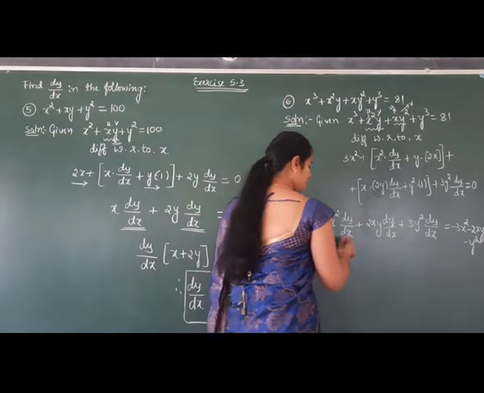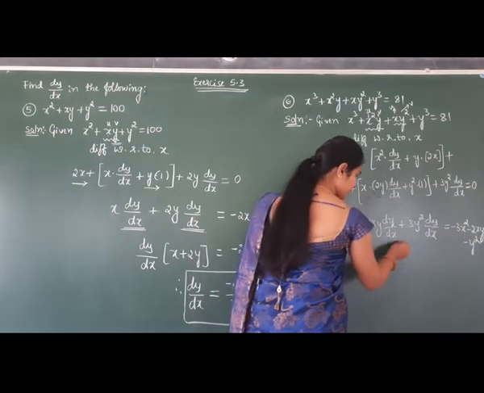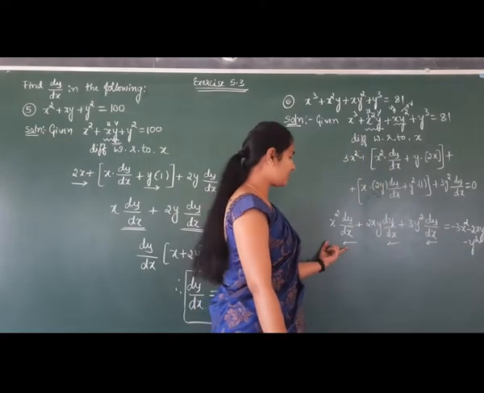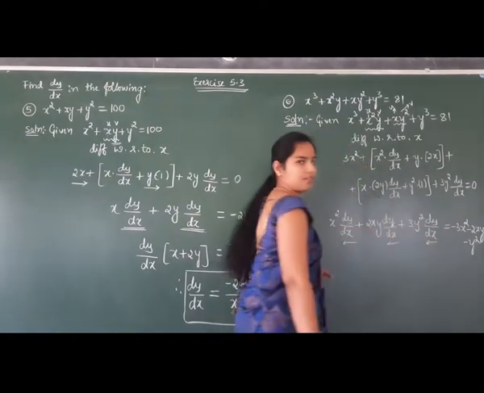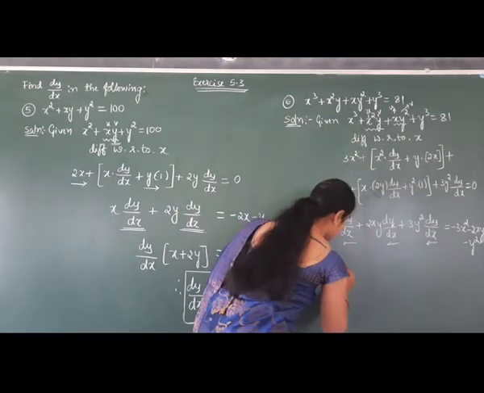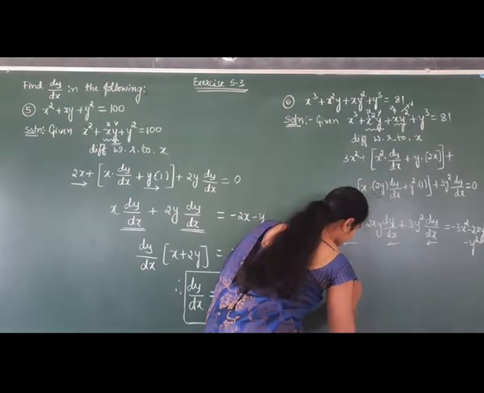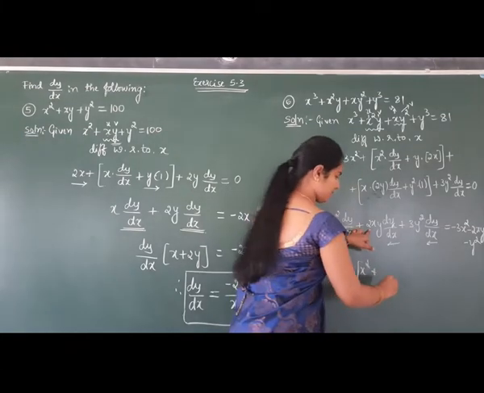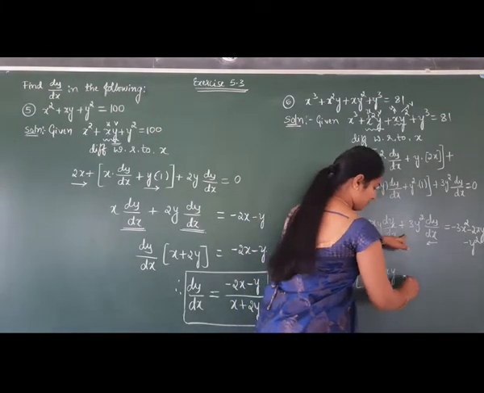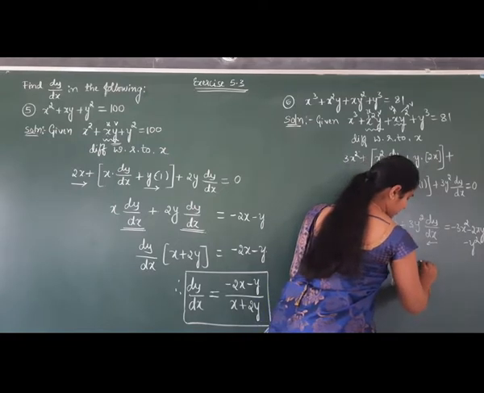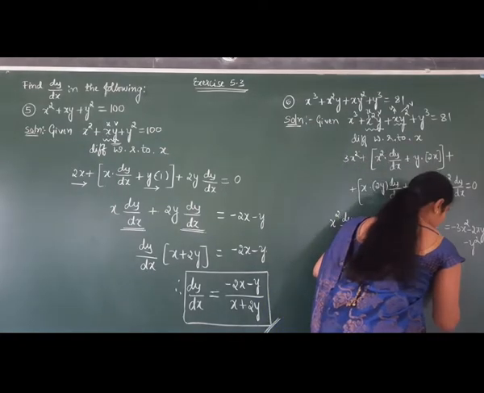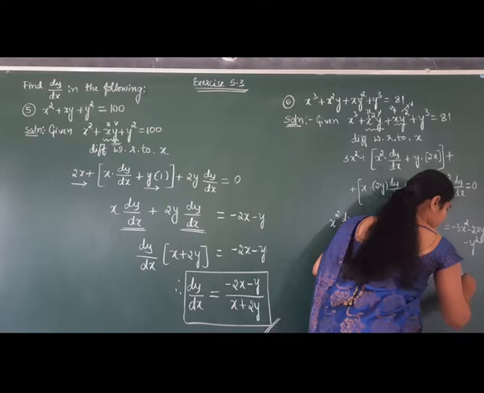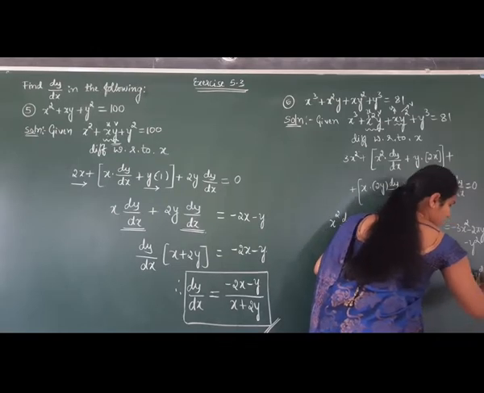So now I will take the term dy by dx outside, since it is a common factor to all these terms. Then we have dy by dx into x square plus 2x plus 3y square is equal to minus 3x square minus 2xy minus y square.